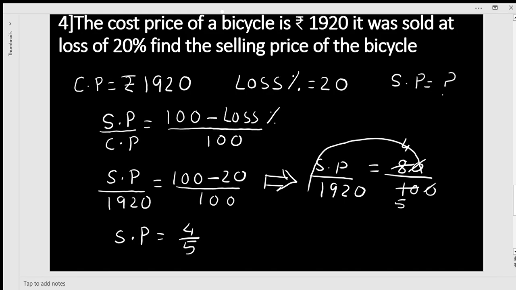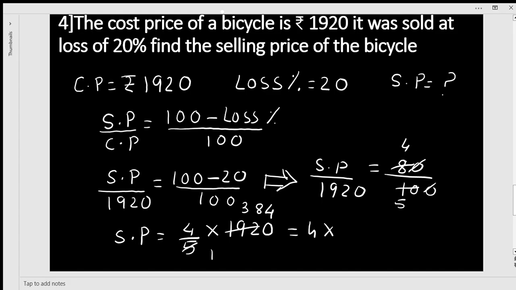So what will be the answer? It will be 4 into 1920 upon 5. When you cancel this with 5, 5 ones are 5, 5 threes are 15, correct? 5 eights are 40, carry, and then 4s. So it is 4 into 384. So the final answer is rupees 1536. So here we came to know the selling price of the bicycle.